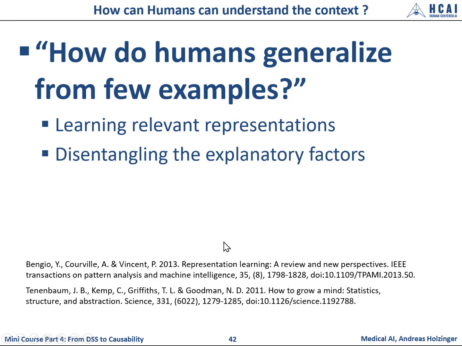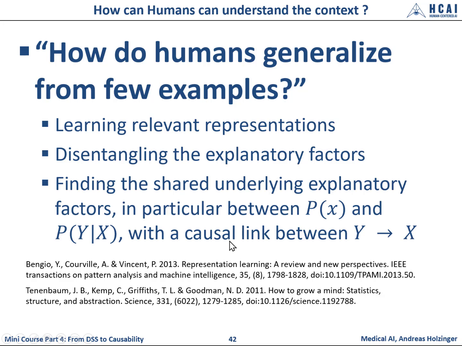They can disentangle these underlying explanatory factors, which needs insight, and they can find these shared underlying explanatory factors, in particular of P of X and P of Y given X, with the causal link between Y and X. I have shown this before, and you now see how humans can do that.